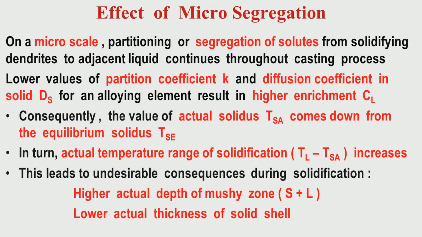Now, as I was telling you, because of this microsegregation, what is happening? Higher depth of mushy zone, the solid plus liquid zone is more, and the actual thickness of solid shell is less. This is a consequence of segregation, which is contributed by all alloying elements.